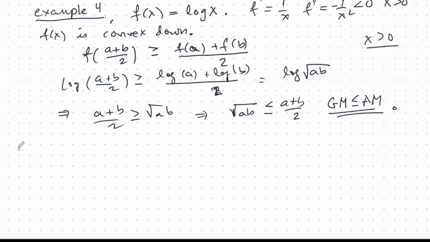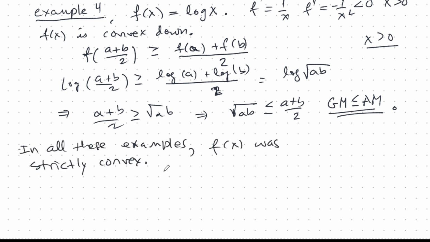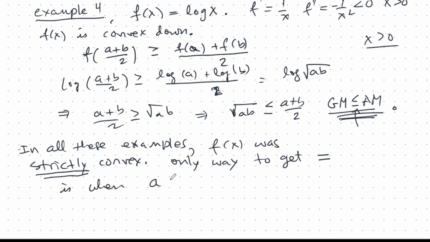Now, in all these examples that we looked at, f of x was strictly convex. So the only way you can get equality in these inequalities is when a approaches b, or b approaches a, and they become very close to each other and actually equal to each other.